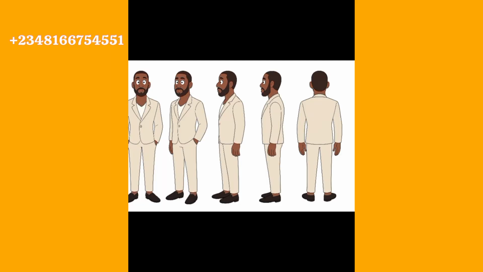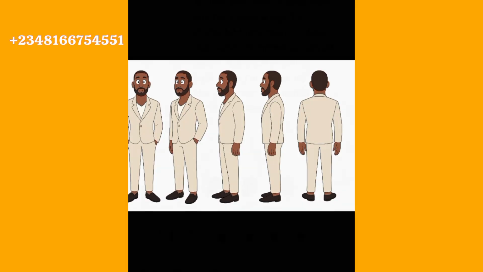Now what are you going to do? You can save this image through here. Okay, you can use this to generate your character. Like if you want to show the different parts of this character, like if you want to show when he's going, if you want to show when he's coming, if you want to show when he's moving to the left side, if you want to show when he's moving to the right side, with the help of this you can be able to achieve that.